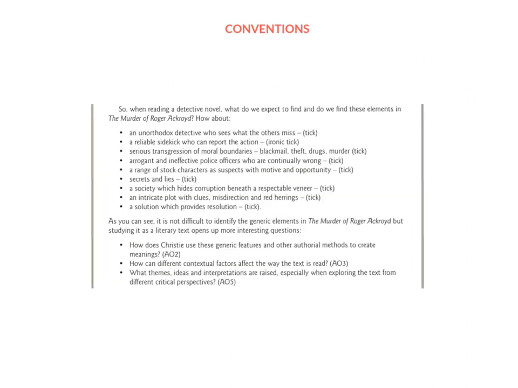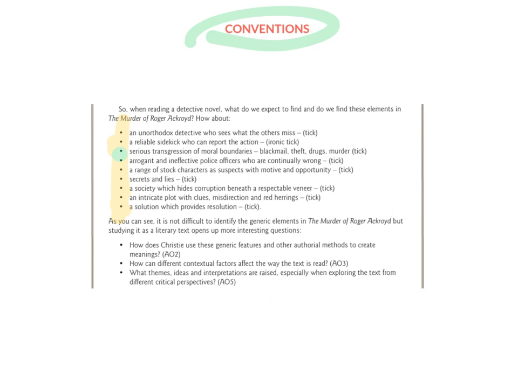So those bullet points, that first chunk of bullet points there, they're very, very important to read. I'm not going to read through them with you. The way they word things is lovely. Serious transgression of moral boundaries. These are the notes you should be playing as and when you're invited or needed or required to talk about the conventions and how Christie uses them or manipulates or subverts them.